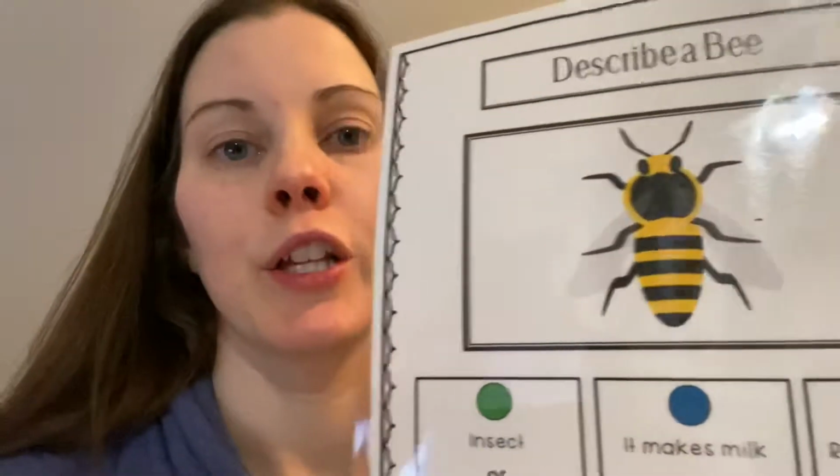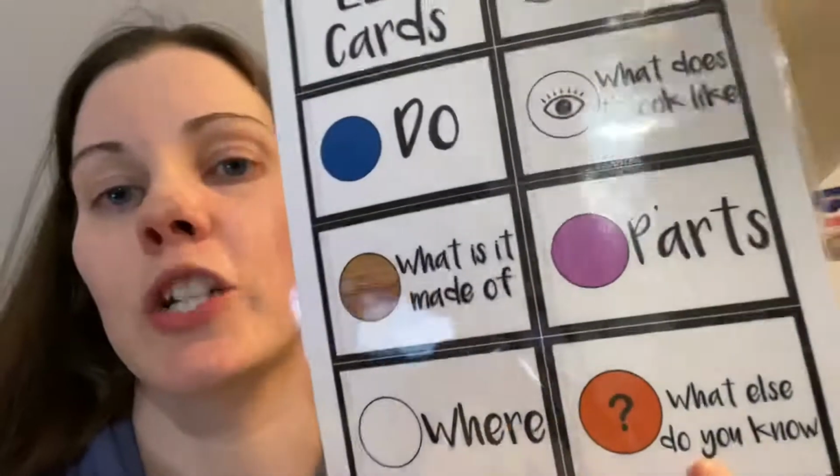Where is where you might find the object. So if you're talking about a bee, you would find a bee outside or in nature or in the sky. And then orange is what else do you know? So that's anything else you might know about a bee. Bees pollinate, bees buzz, anything else that you know about a bee that wasn't already said.